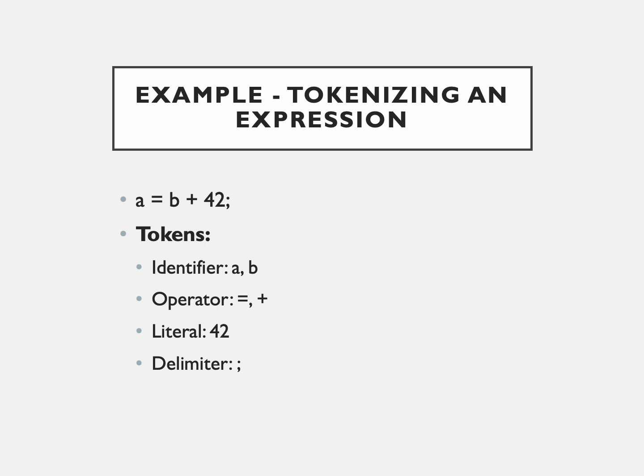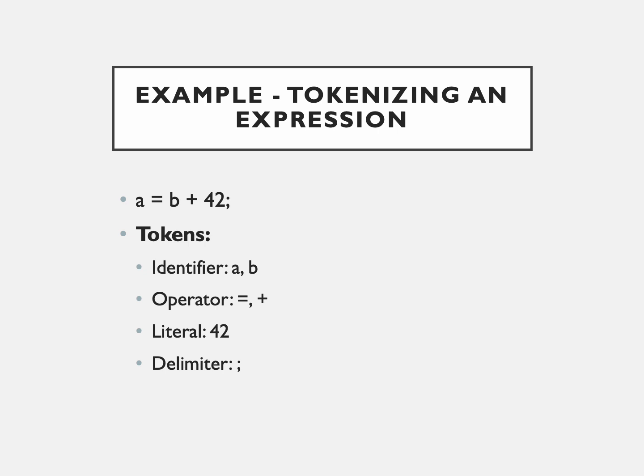First we have identifiers. a and b are classified as identifiers. These represent variables that can store values and are user defined. Second, we have operators. The equal sign and plus are two operators. The equal sign is the assignment operator and plus is the addition operator.